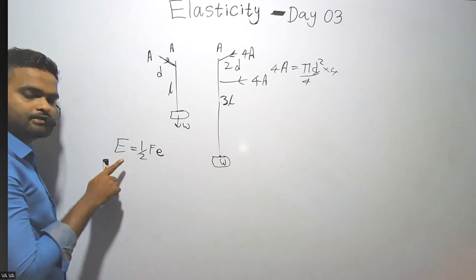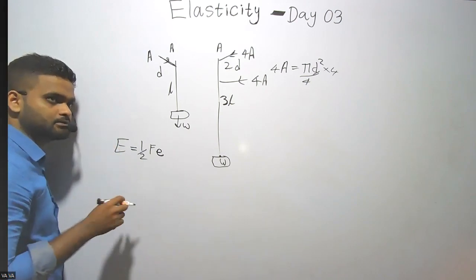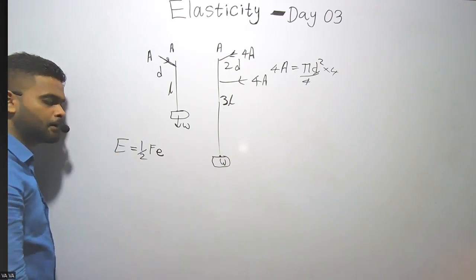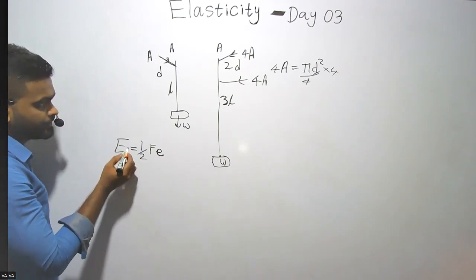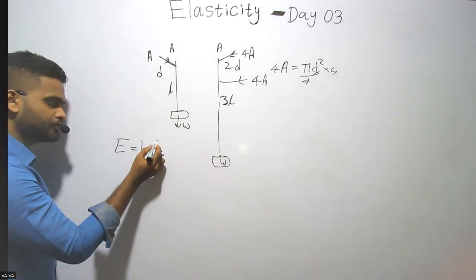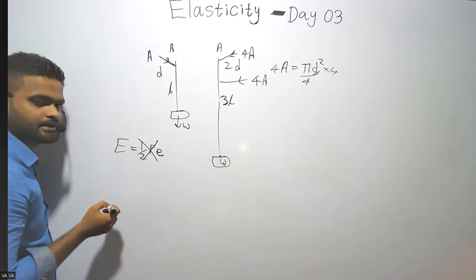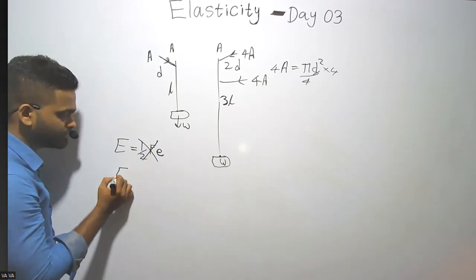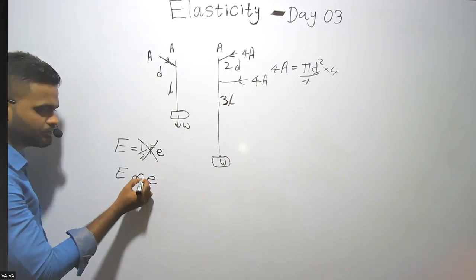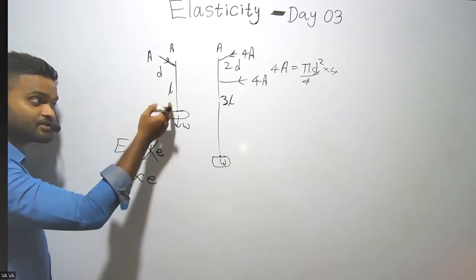For this one as well, I'm going to use a proportionality. Without proportionality, it is not possible to do MCQs. In both cases, W is the same, so you don't need W. Half is just a number. So from this, what can you say? Energy is proportional to the extension of each wire.